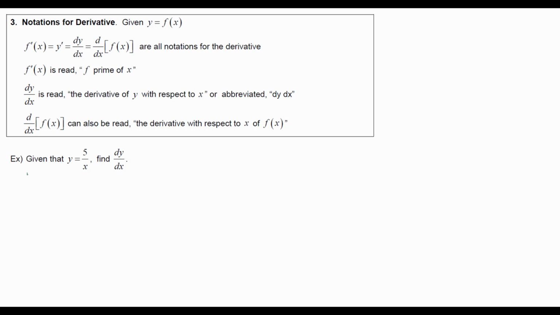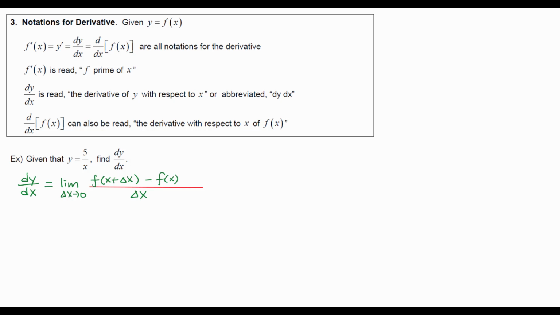So dy dx is equal to the limit as delta x approaches 0 of f of x plus delta x minus f of x over delta x. That was the definition we just learned, right?